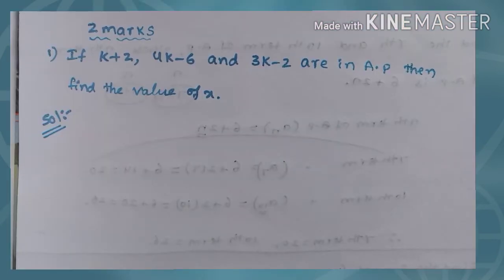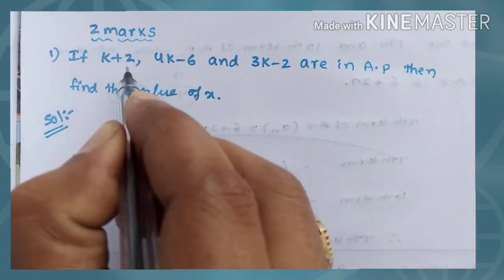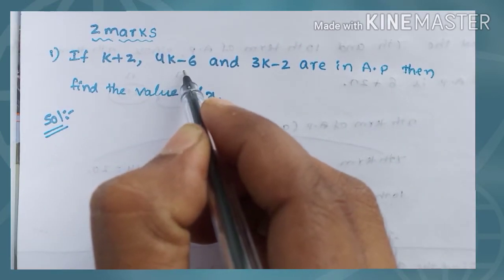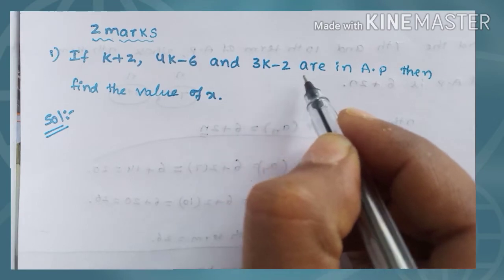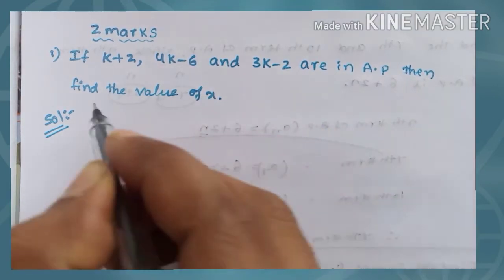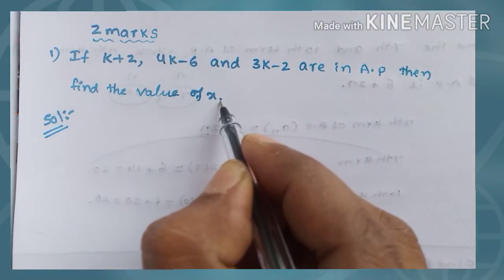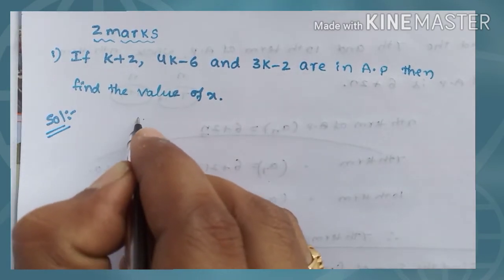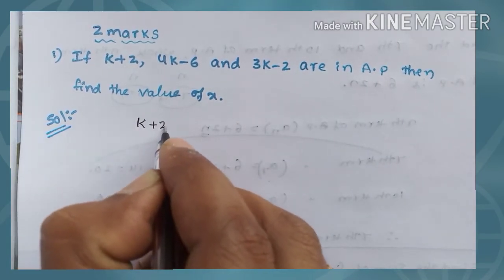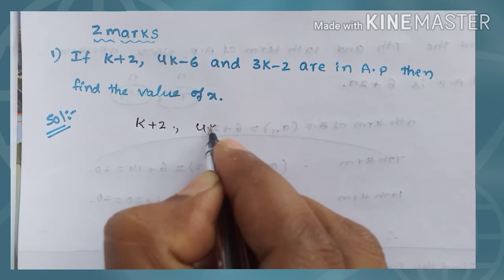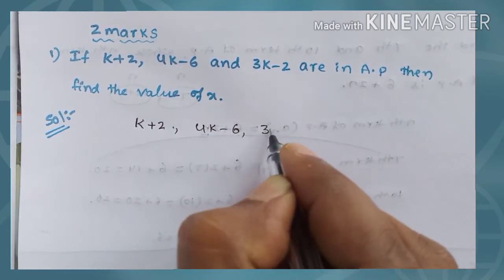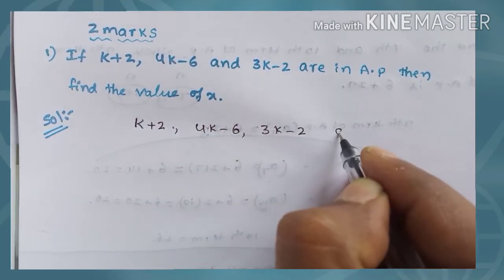Now the next problem. If k plus 2, 4k minus 6 and 3k minus 2 are in AP, then find the value of k. The terms given in the problem are k plus 2, 4k minus 6 and 3k minus 2.